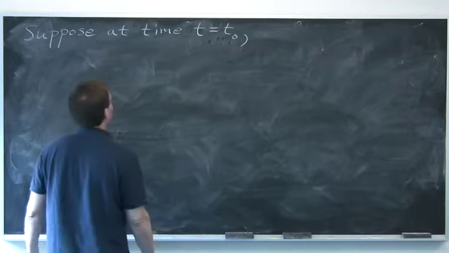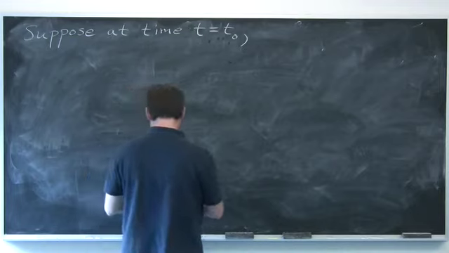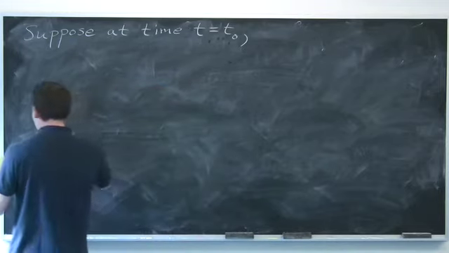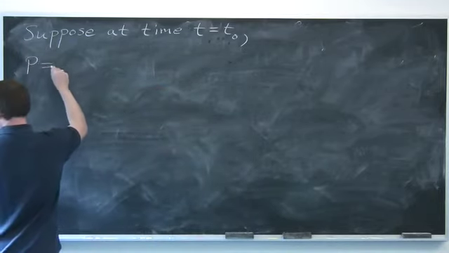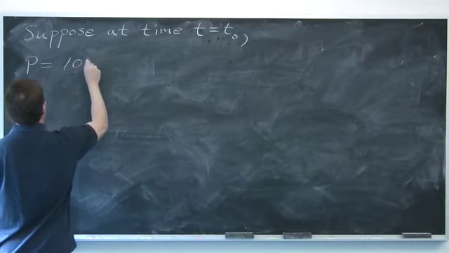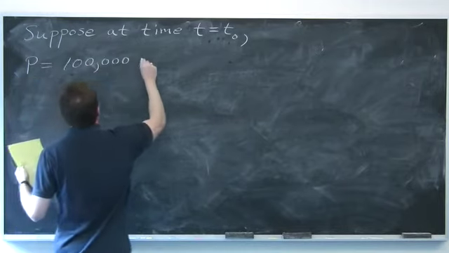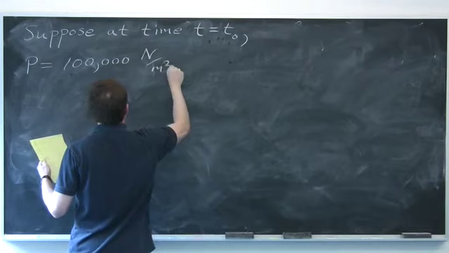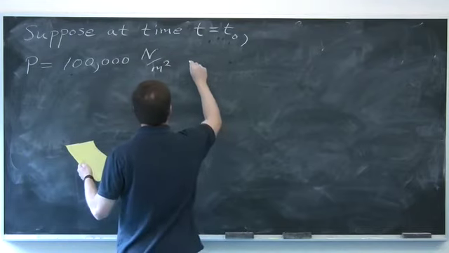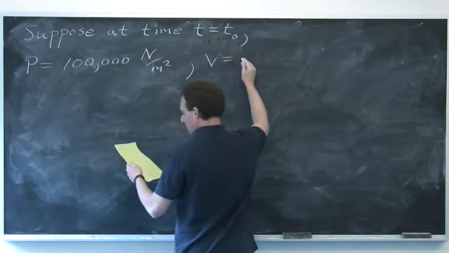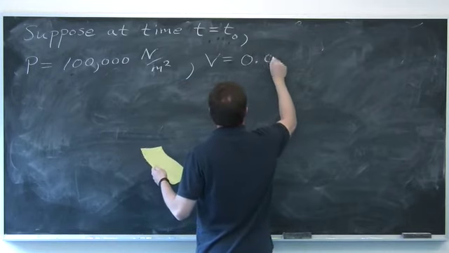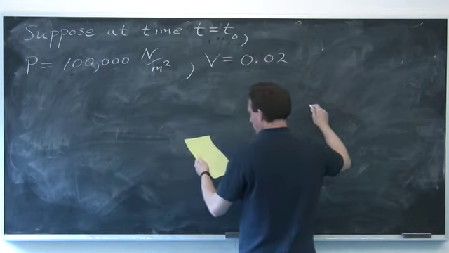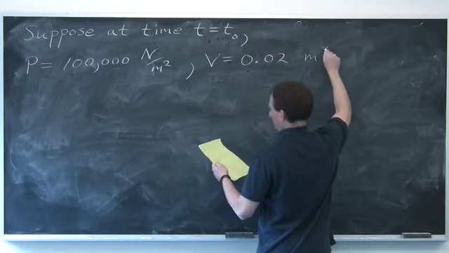All right. Suppose at time t equals t naught, the pressure, we know the pressure, and it's 100,000 newtons per square meter. And we know the volume of the container, and so the volume of the gas, is 0.02 cubic meters.